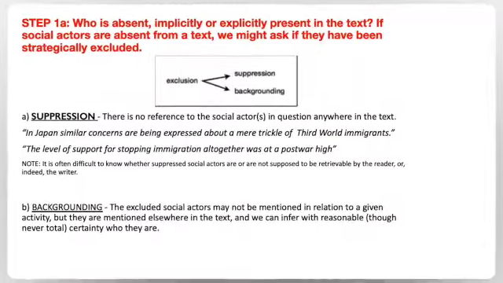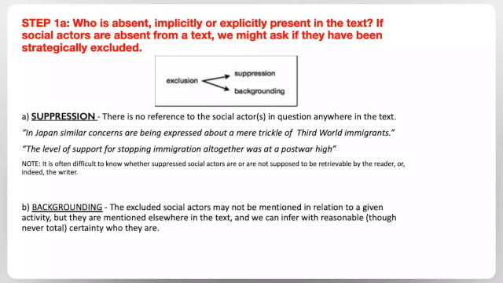So, looking at representations, who is absent, who is implicitly or explicitly present. Now, of course, the most important thing is if certain groups are not present at all. There is no reference to social actors in the text.